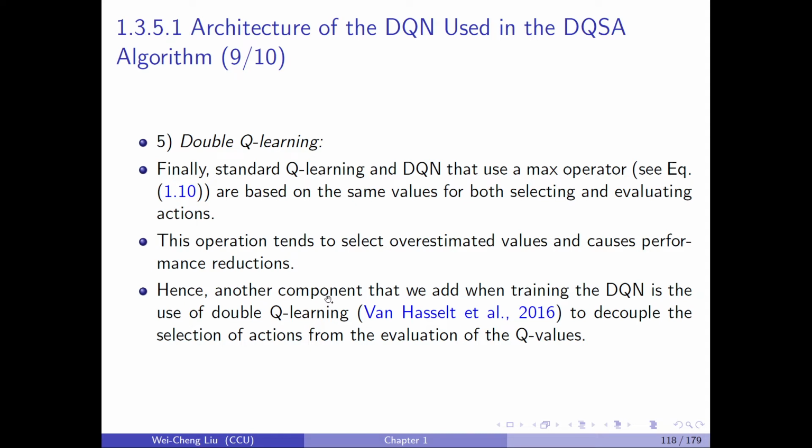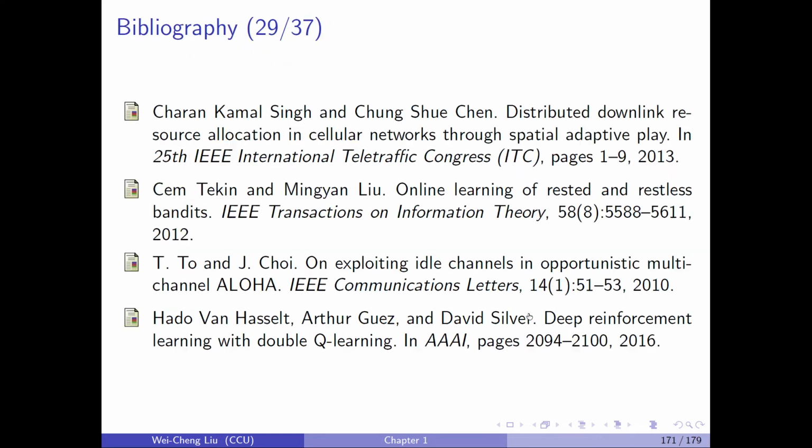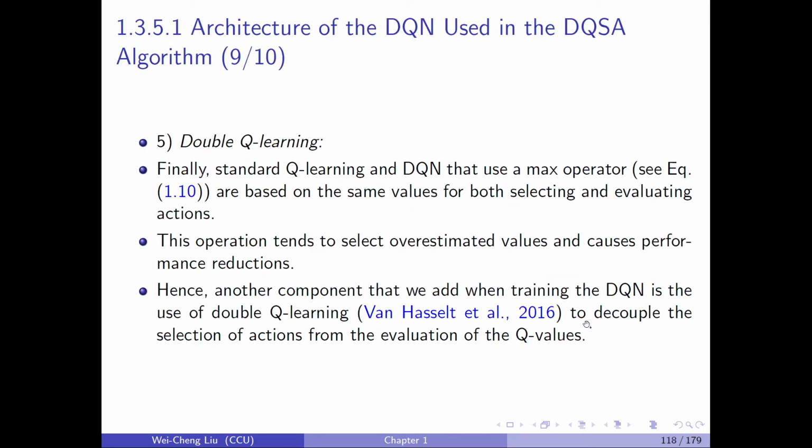Hence, another component that we add when training the DQN is the use of double Q learning, see Van Hasselt et al. in 2016. The paper title is Deep Reinforcement Learning with Double Q Learning, in AAAI in 2016, to decouple the selection of actions from the evaluation of the Q values.